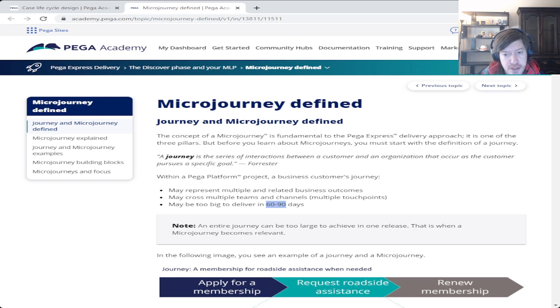In some ways, I look at their definition of journey and I think maybe their journey is another word for application. Like, an entire application can be too large to achieve in one release; that is when a micro application becomes relevant.